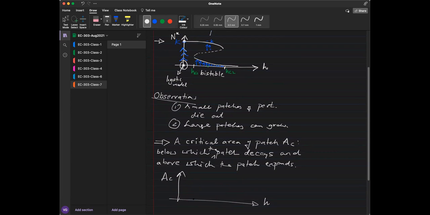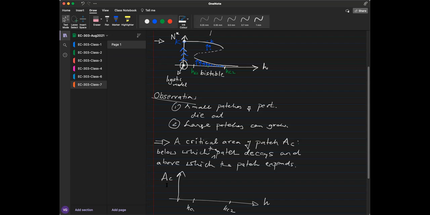Let's say this is hC1, this is hC2. Of course, how are we defining AC? We are starting with an initial condition of the bare state, and then I'm introducing a patch of size AC, all of which have values equal to k. Now with this, how do you think AC will change as a function of h?